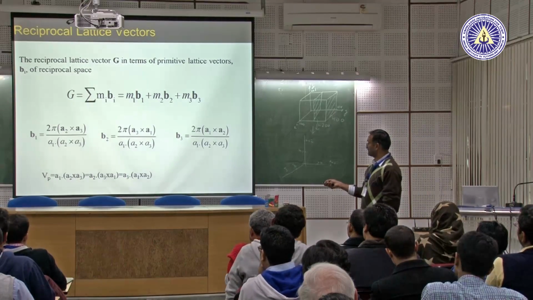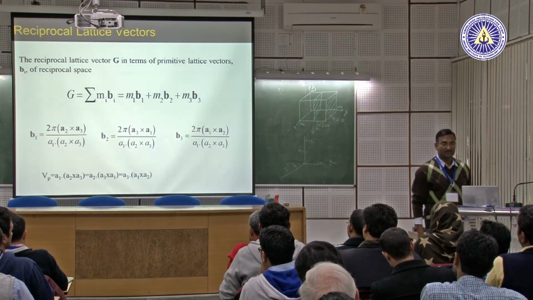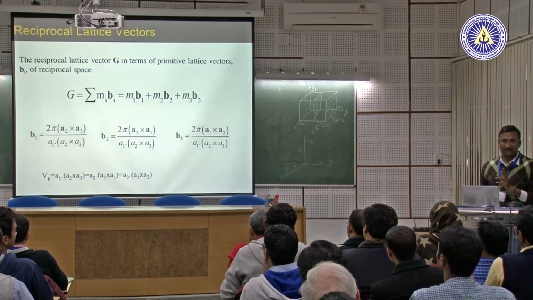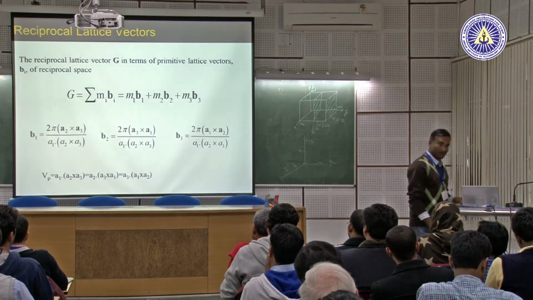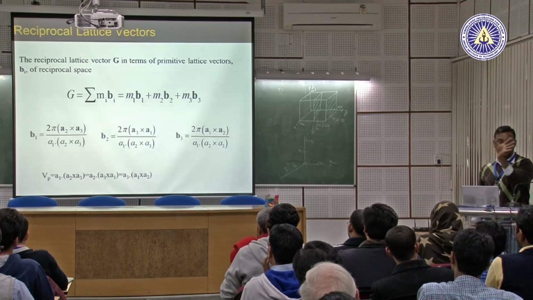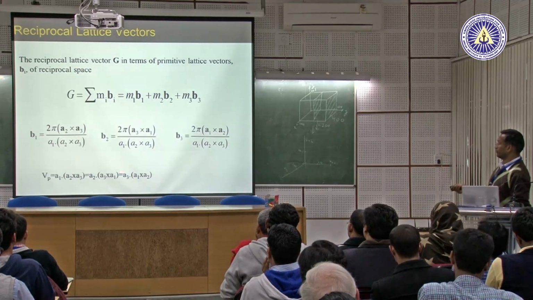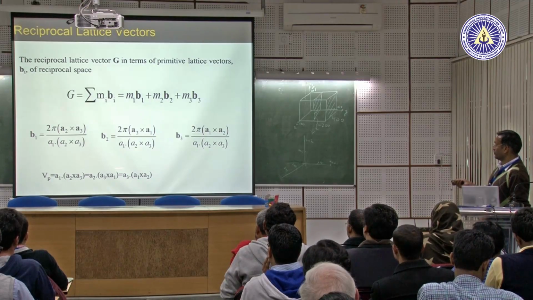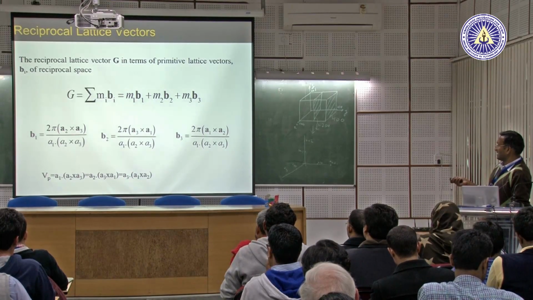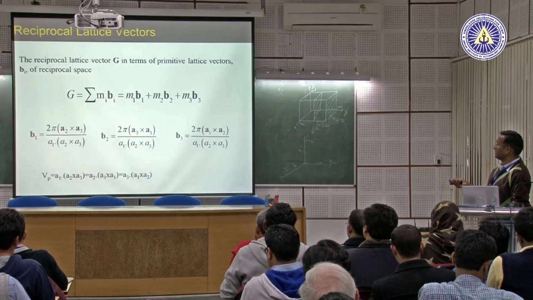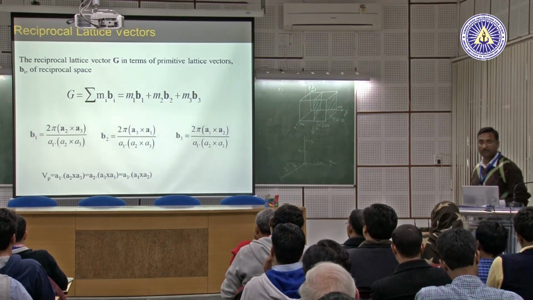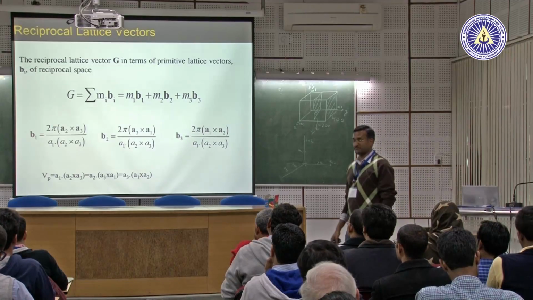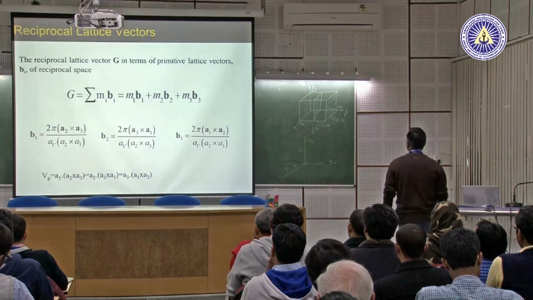Now this a1 dot a2 cross a3 is the volume of the lattice, and this is equal to a2 dot a3 cross a1, and so on and so forth. So all three combinations are equivalent to the lattice volume. So this is the primitive lattice volume of real space, and you can say that the reciprocal lattice vector b1 is a cross product of the real space lattice vectors.